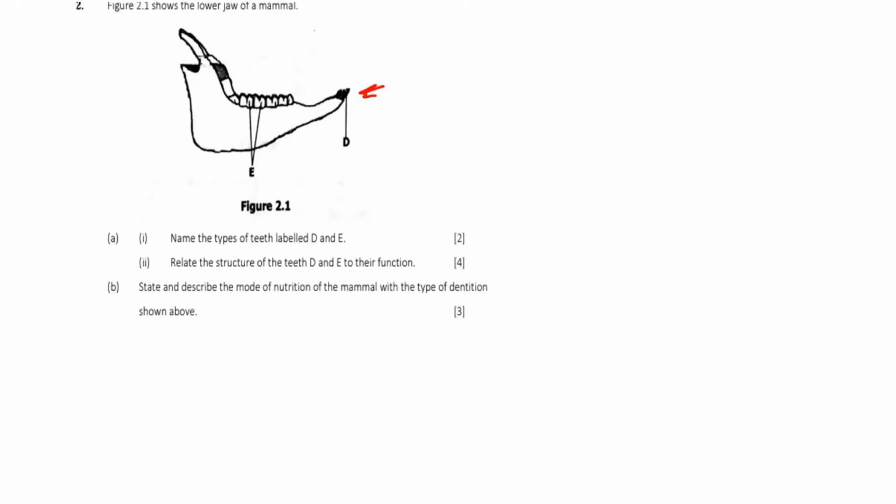The ones at the end, these are what? These are molars. Then we have these at the first part here. These are what? Incisors. So D, incisors, then E, molars.